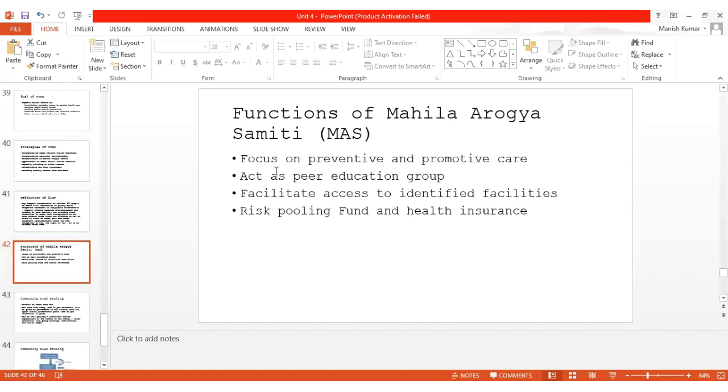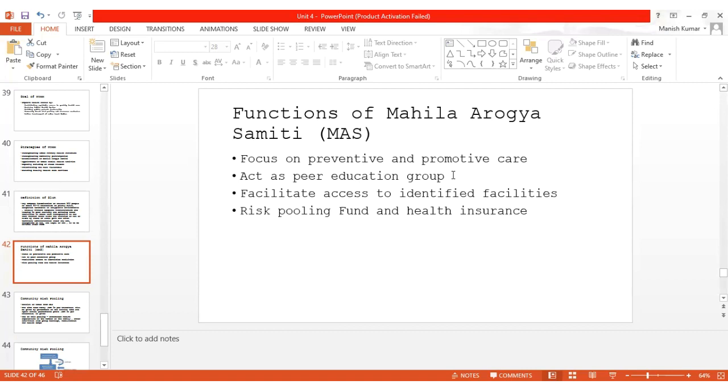Now these Mahila Arogya Samitis are basically something like units of these UPHCs, and these are nominated from the community, and they focus on preventive and promotive care and act as a peer education group.